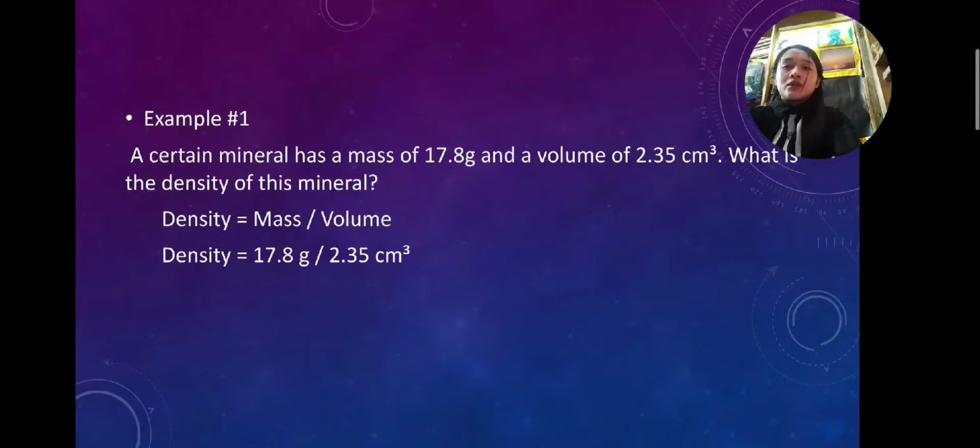The mass here is 17.8 grams over 2.35 cubic centimeters. 17.8 divided by 2.35, so the result is 7.57 grams per cubic centimeter.